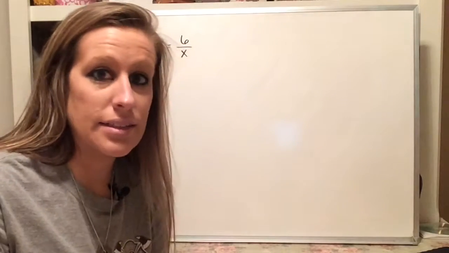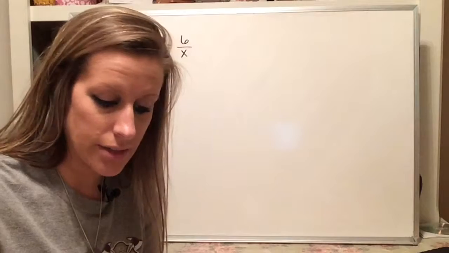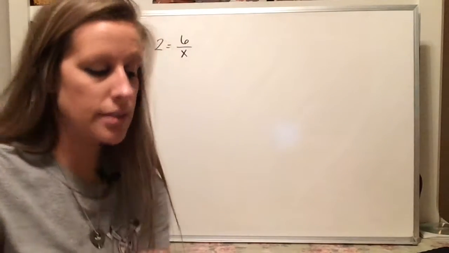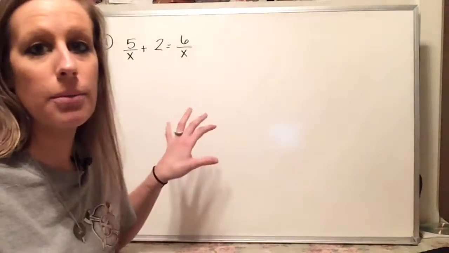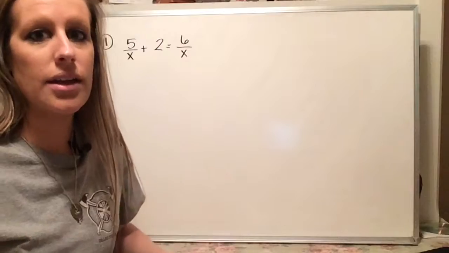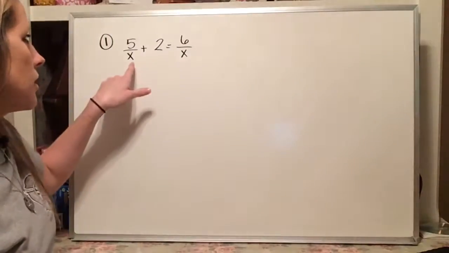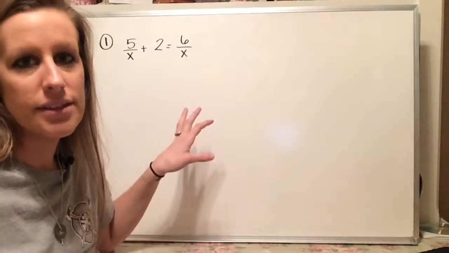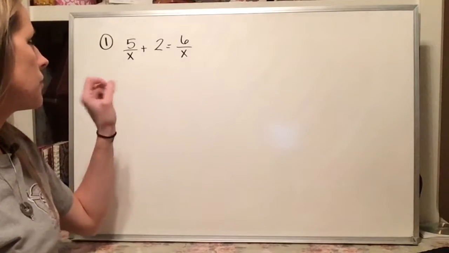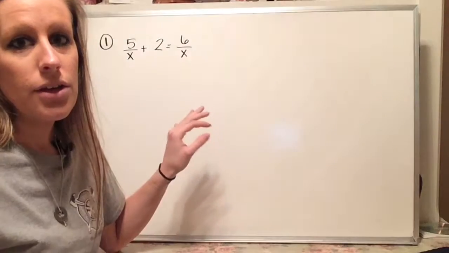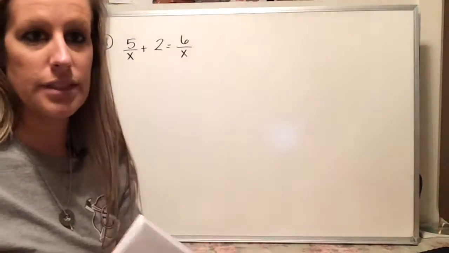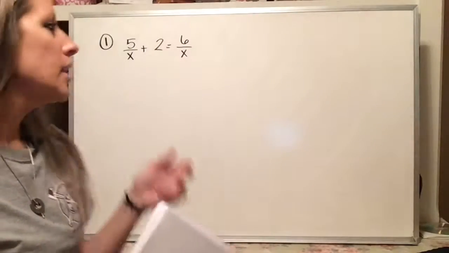The very last step, it says check for extraneous roots. So what that means is if you look at that first problem, there are certain numbers that x cannot equal because of your denominator, because there's an x in the denominator. So for this problem, number one, your x could be anything in the world, 1.2, 5.679, I don't know.